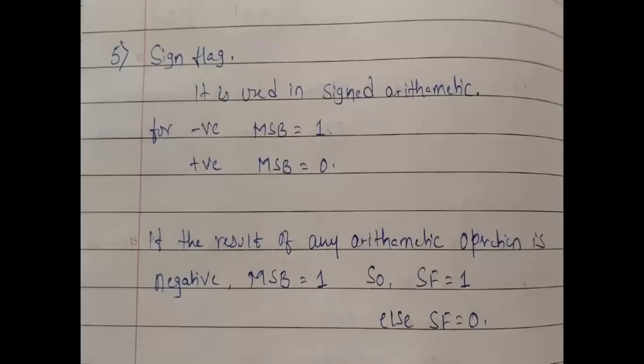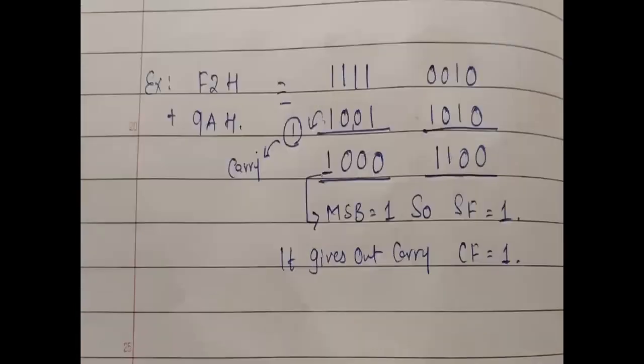Next flag, the sign flag. It is used in signed arithmetic. For negative numbers, the MSB is equal to 1, and for positive, the MSB is equal to 0. If the result of any arithmetic operation is negative, that is, if the MSB of the result is 1, then the sign flag is equal to 1, or else the sign flag is equal to 0.